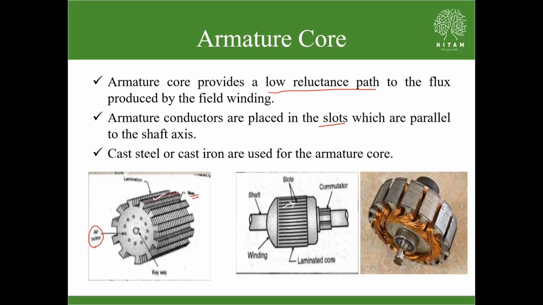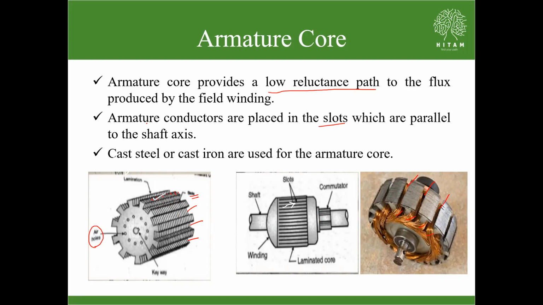In between these two laminated wounds we have some slots, and these slots are filled by conductors. In the real-time diagram, between one slot and another there is a copper wire which is wound. This copper wire is what we call armature conductors.